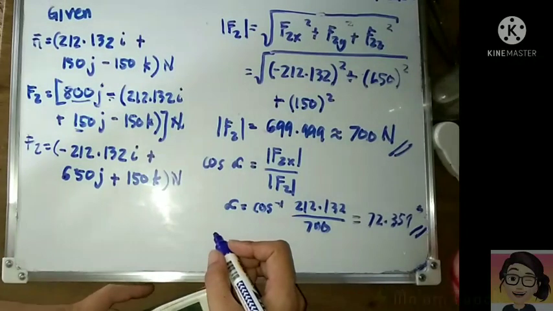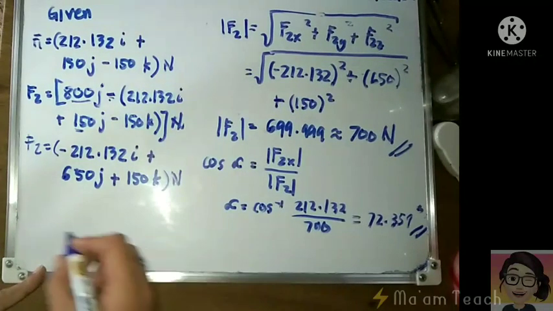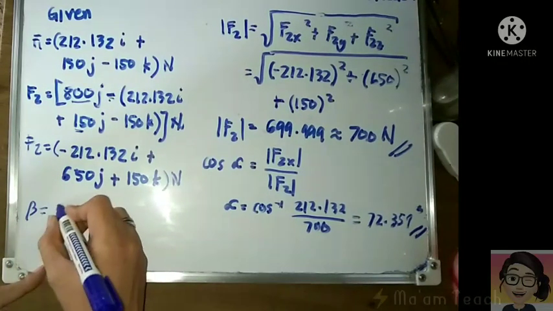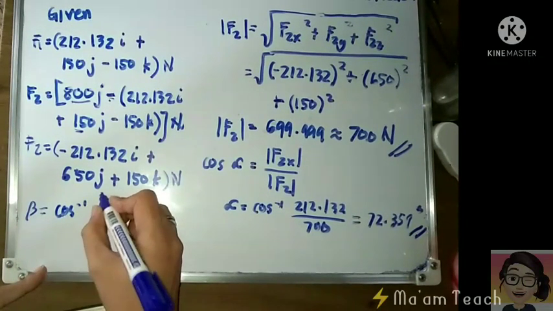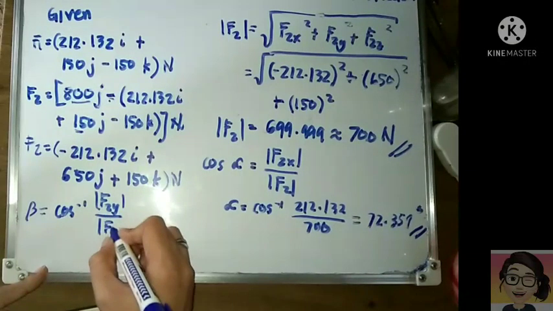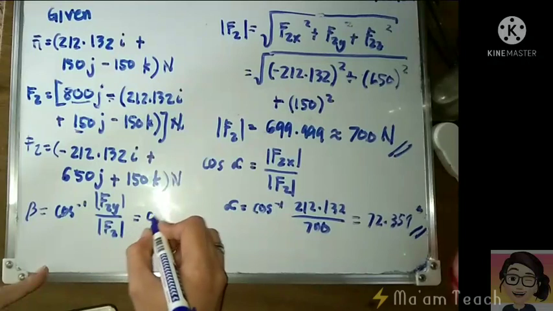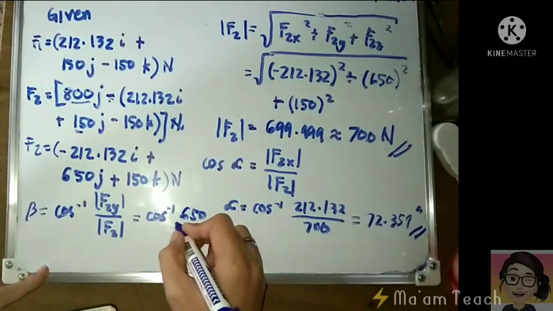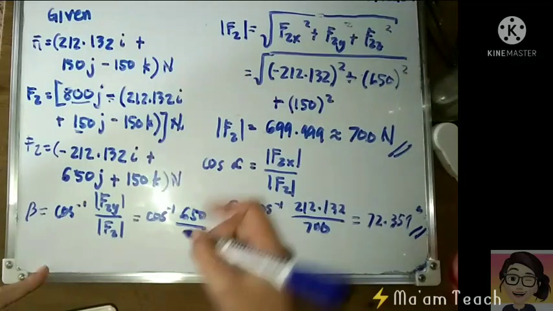While for the beta, we have beta is arc cosine, so y component over magnitude of your F sub 2. So arc cosine 650 over F sub 2 is 700.